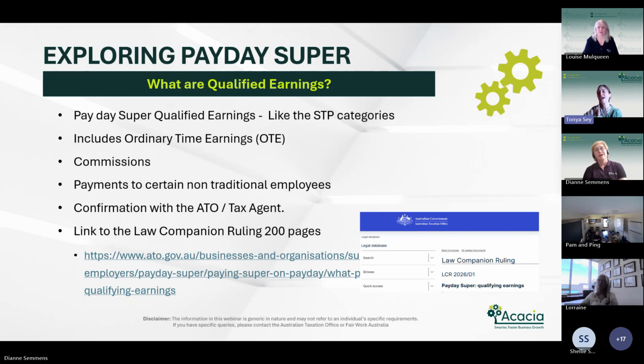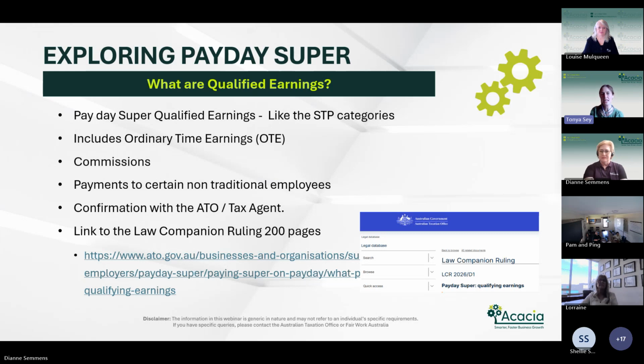Except for qualified earnings, yes. So it's literally doing that comparison on the main things that most businesses would have in their pay run. And commissions is one where it's, no, it may not have been ordinary time earnings, but yes, it is now qualified earnings. So have a look at that website in the first instance.